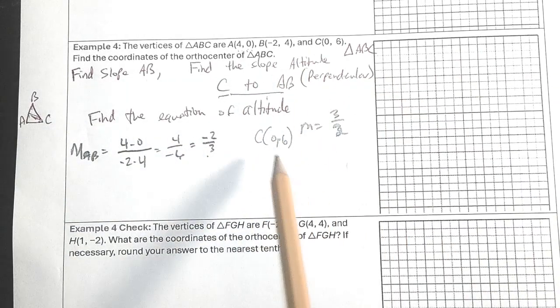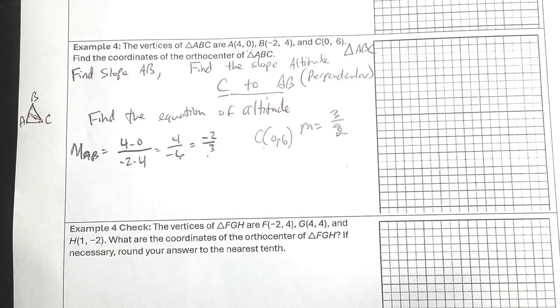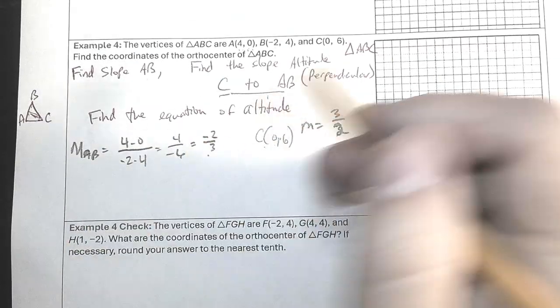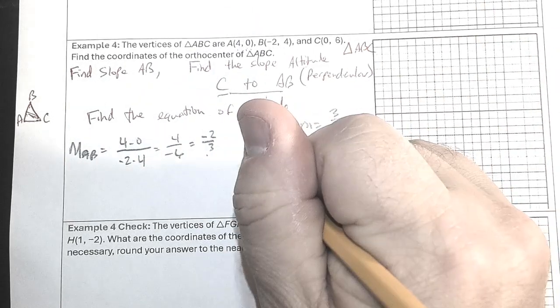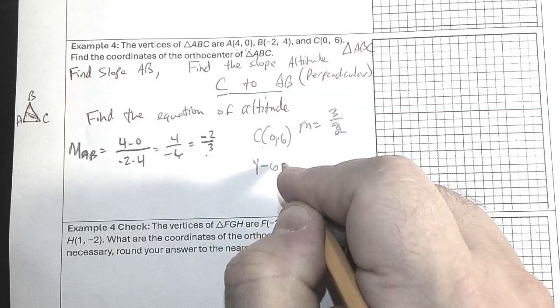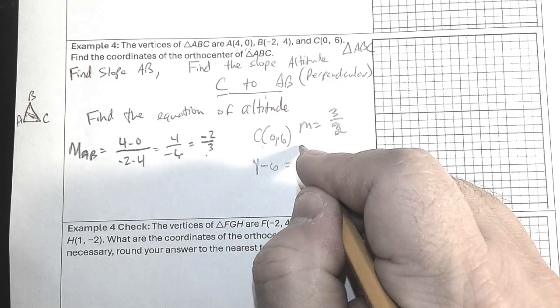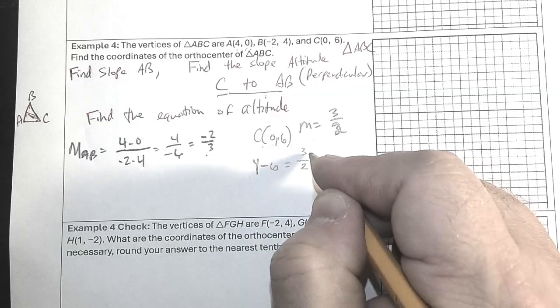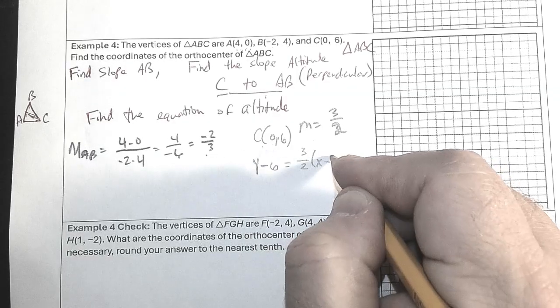So I just brought that down here. We're going to use this to come up with the equation for the altitude using point slope formula. So y minus 6 equals the M, 3/2, x minus the 0.